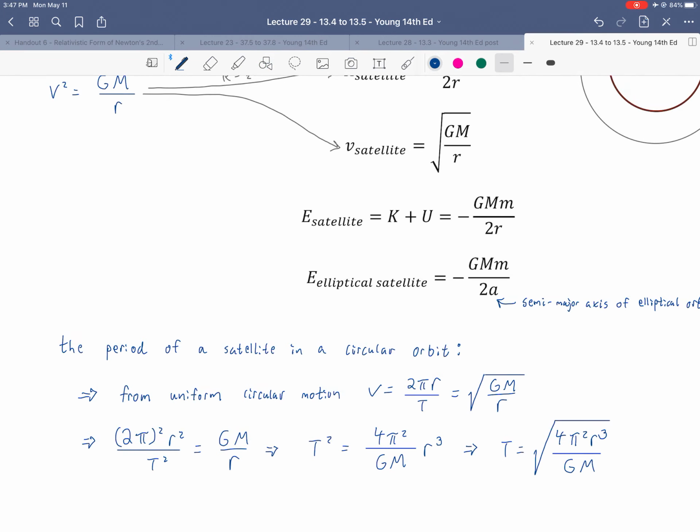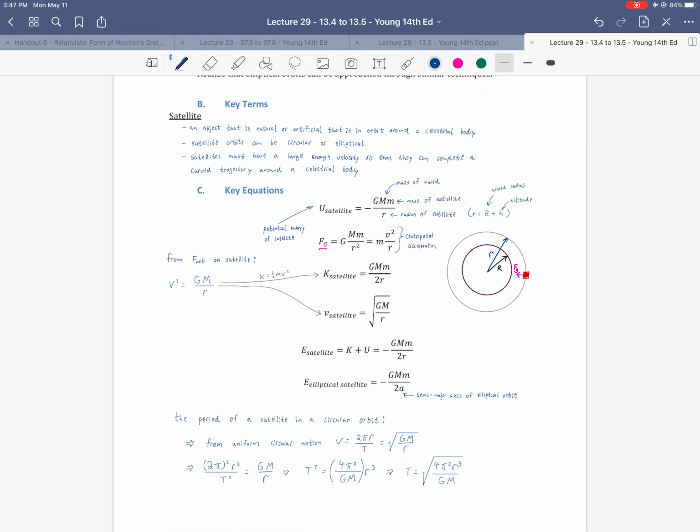Just like all you needed to find the velocity of the satellite was its radius and the mass of the thing that's being orbited, likewise, all you need to find the period of the satellite is the radius of the orbit and the mass of the world, because you know G. That's a constant in the universe. And this, again, is the proportionality. Cool, right? So let's do a couple examples.